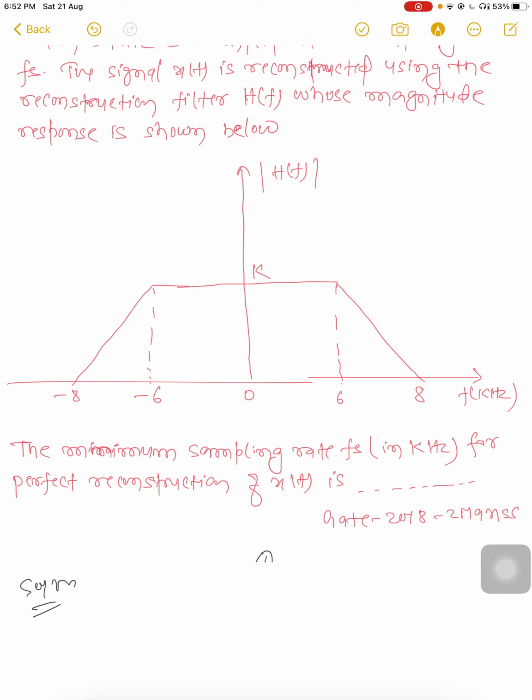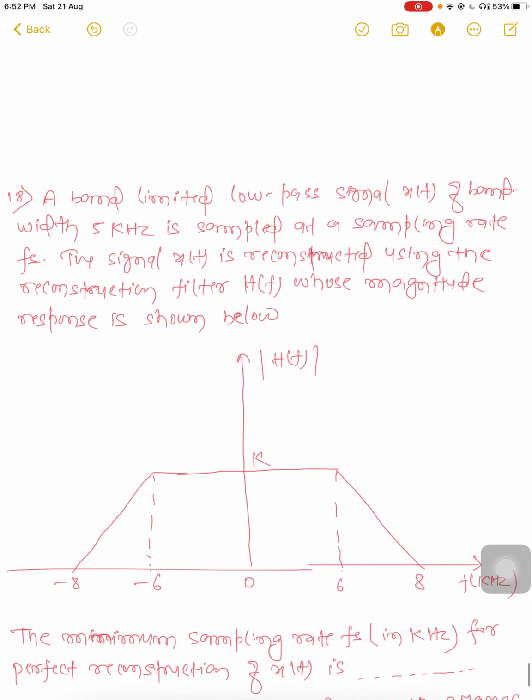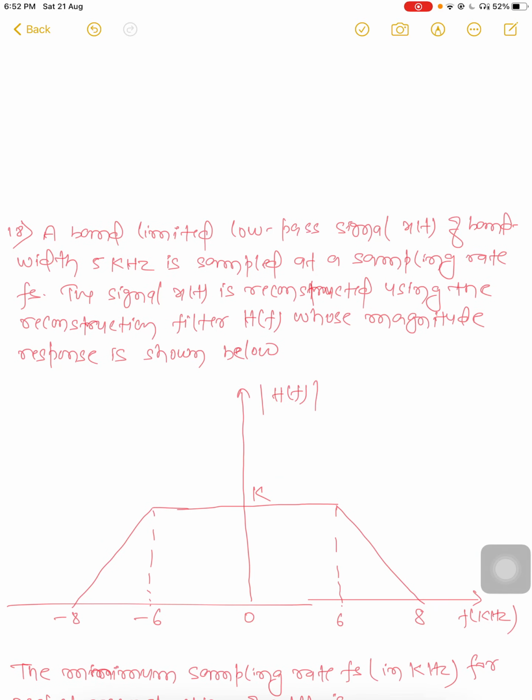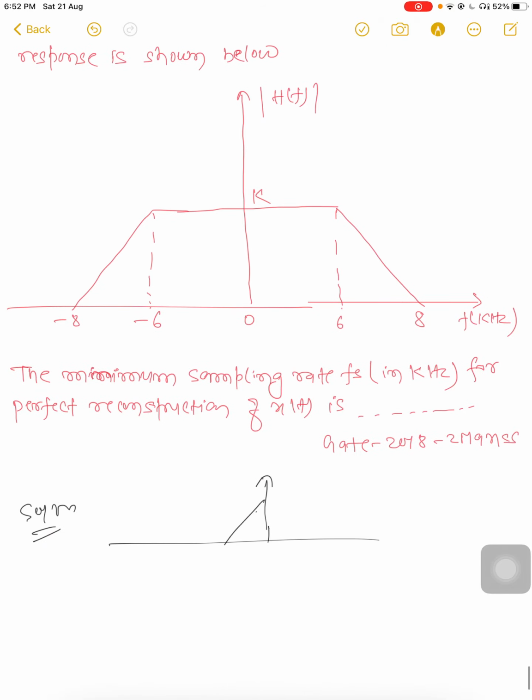Let us assume an arbitrary signal. See, it is a band limited low pass signal x(t) whose bandwidth is 5 kilohertz.